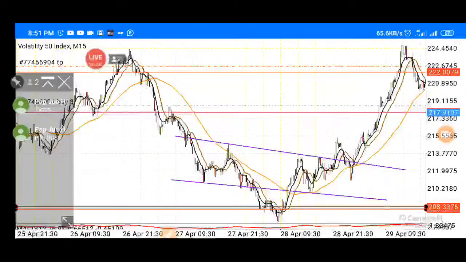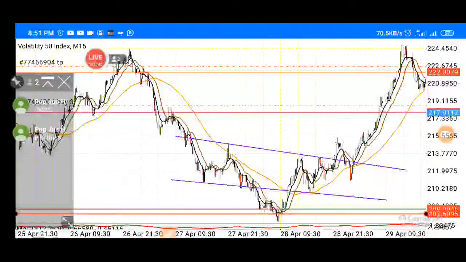Okay, now, so what am I doing? Inverse head and shoulder, or inverted head and shoulders, whatever English you call it. Let me redraw this movement.